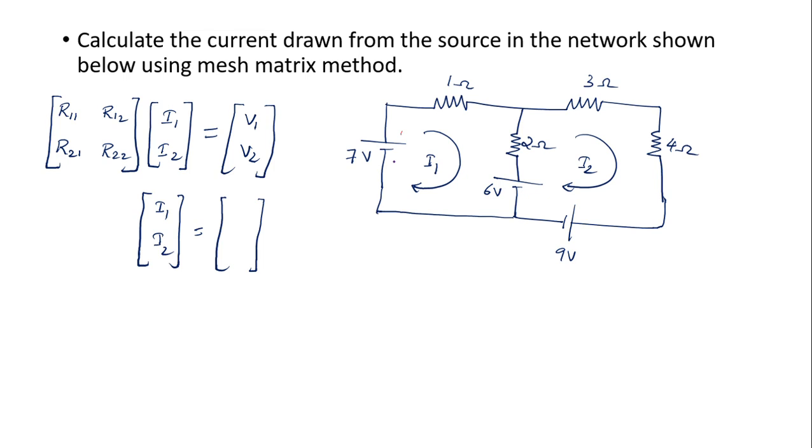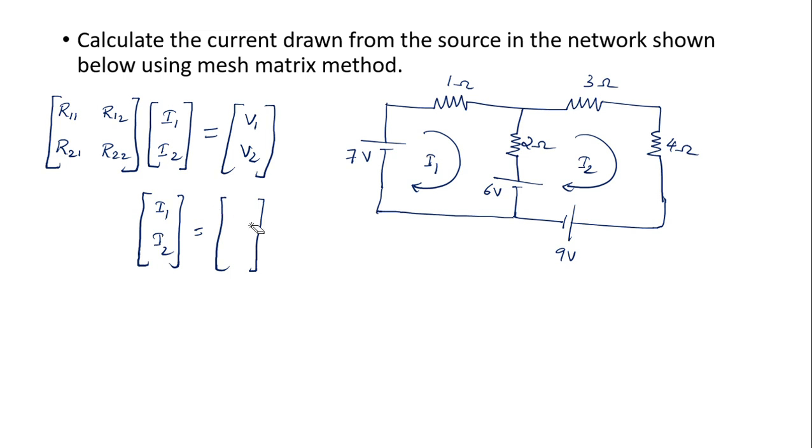In the normal mesh method, if you have a current I1 flowing like this, for the plus 7 volt you will take it from negative to positive, so you will consider it as plus 7. Then the current is going from plus to minus, so the 6 volt will be minus.